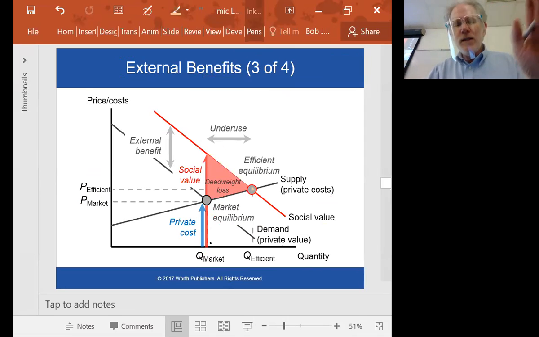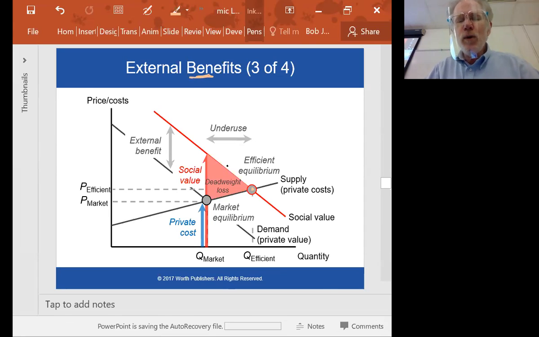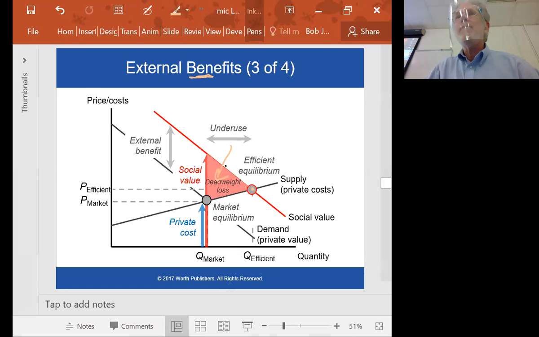So if government does nothing, the external benefit means we're going to have a dead weight loss represented by this area. That is the basically lost gains from trade. Benefit we could have had, but we didn't get it because the consumers weren't willing to pay for those extra units.